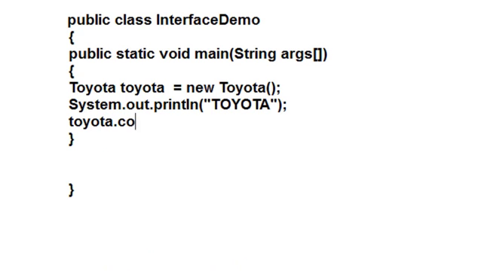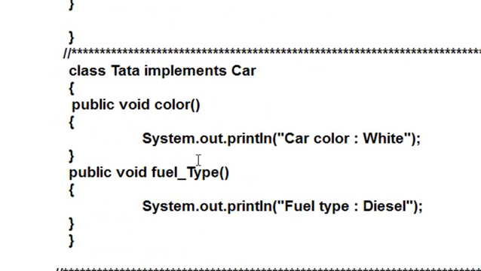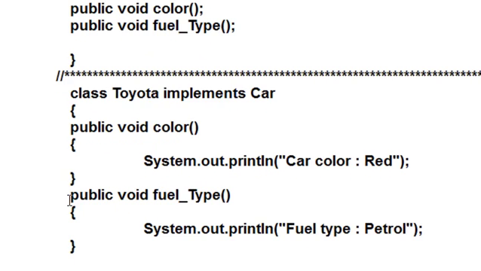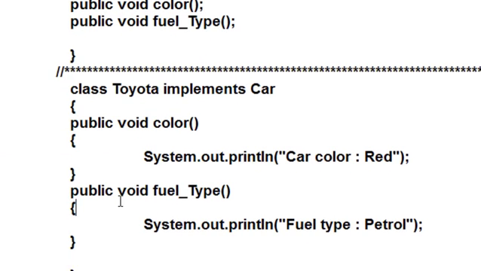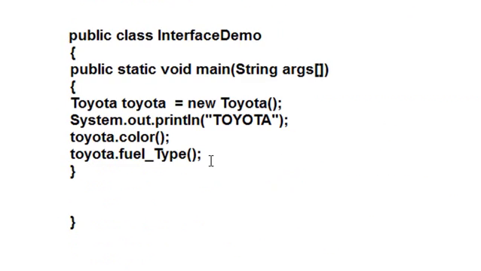Toyota dot color calls the first abstract method. Now call the second abstract method, Toyota dot fuel type. Just call the two methods, first the color and second the fuel type.